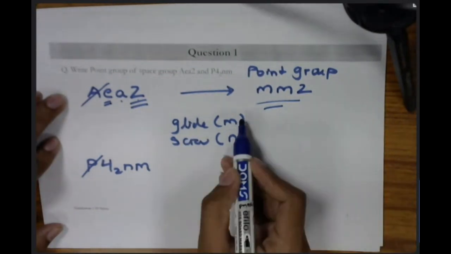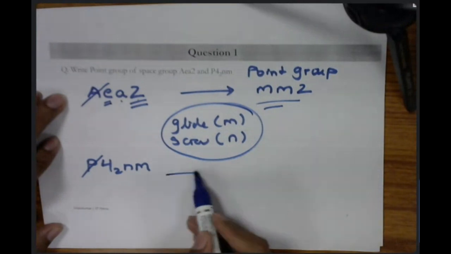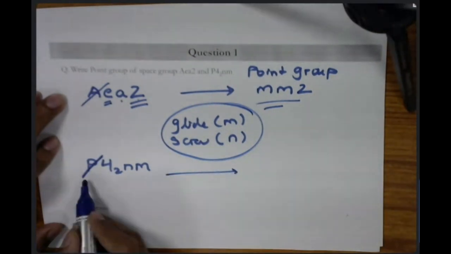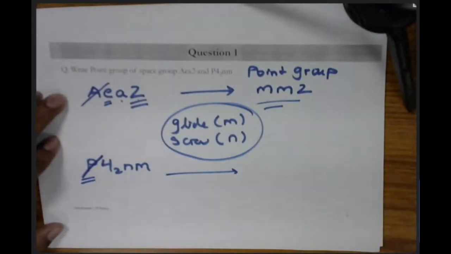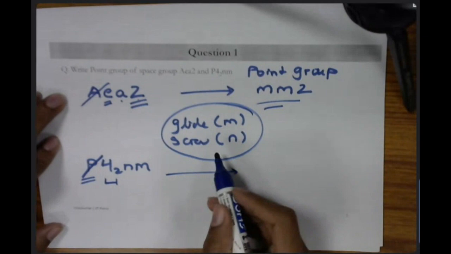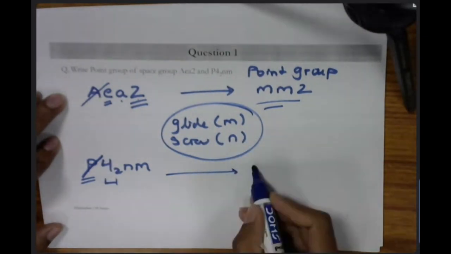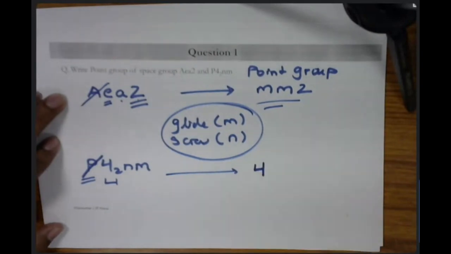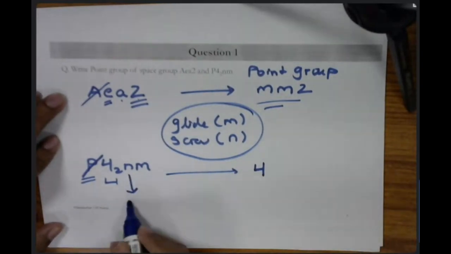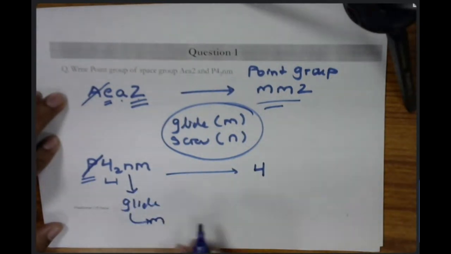Similarly, following the same approach, we go with the second one. We already eliminated the first part, which is the centering part. Then 4_2 is a screw, and we know that if there is a screw, we directly write it as the fold of rotation it has. So this is a 4-fold rotation, 4. Then there is an n, which is a glide, which will be written as the mirror m.